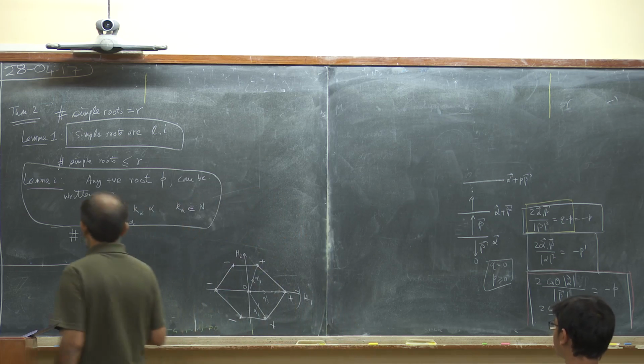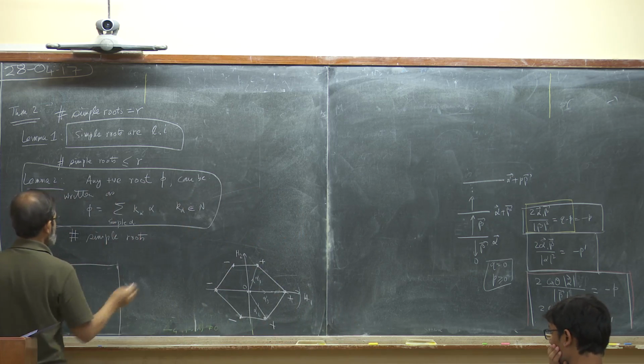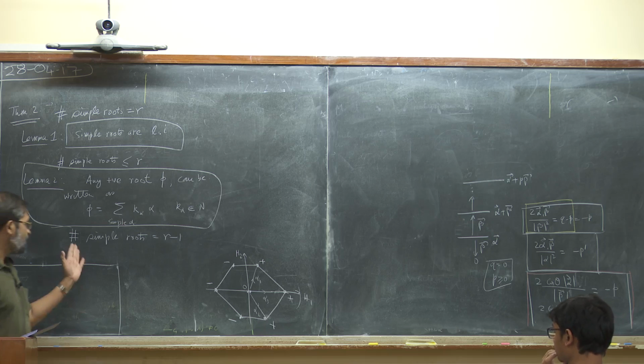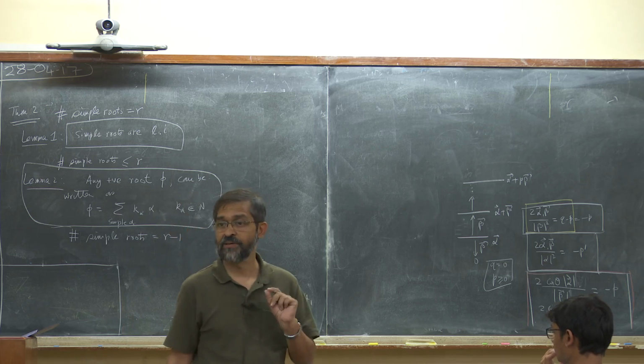Now, the last step in the logic is that let us say the number of simple roots is r minus 1, which is something that we want to exclude. This is in fact where the simplicity of the Lie algebra will make its appearance.